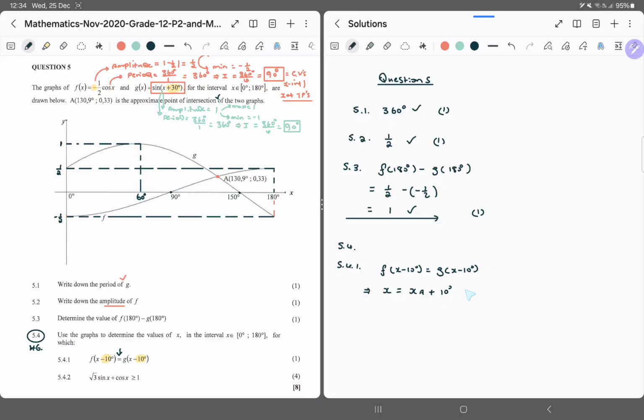It's going to be 10 degrees because we're shifting this to the right. So this is equal to 130.9 degrees plus 10 degrees, which is equal to 140.9 degrees. All right, not a problem, guys. So this is good.